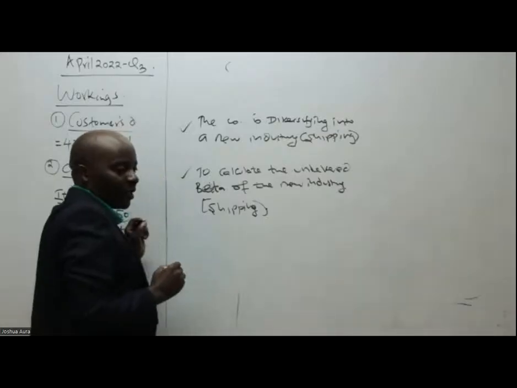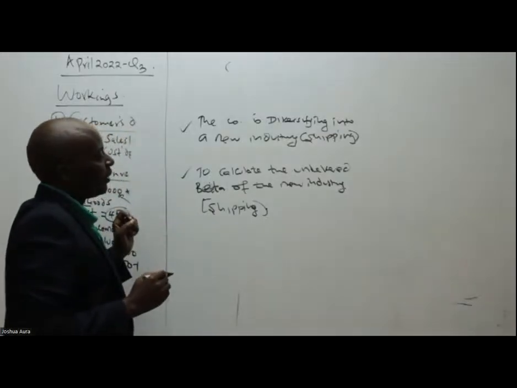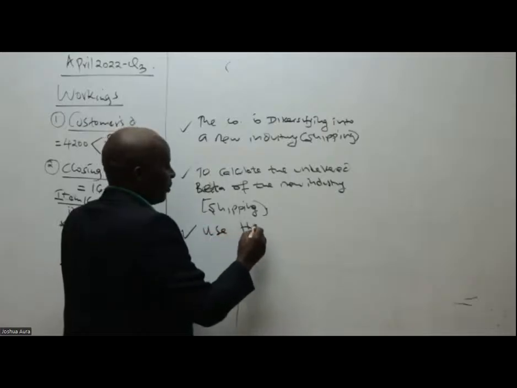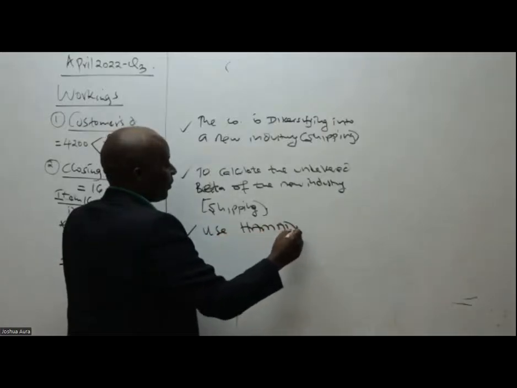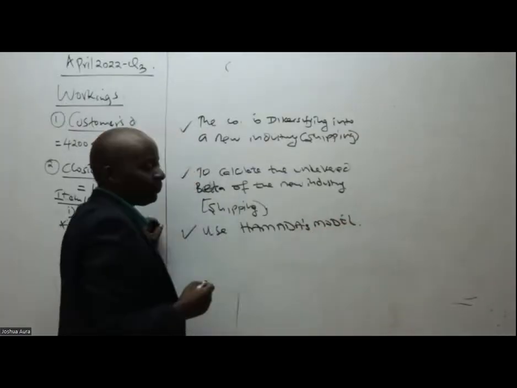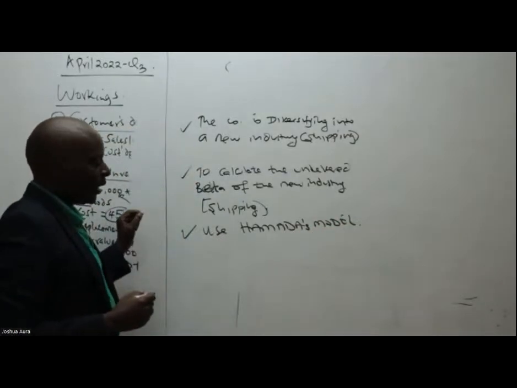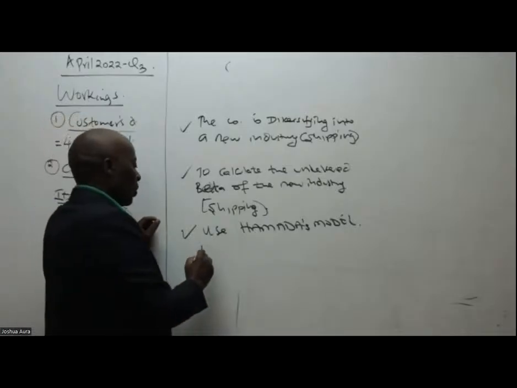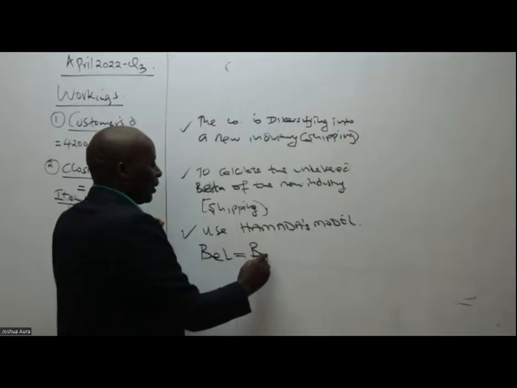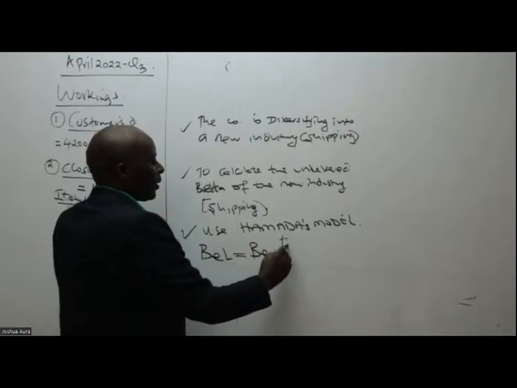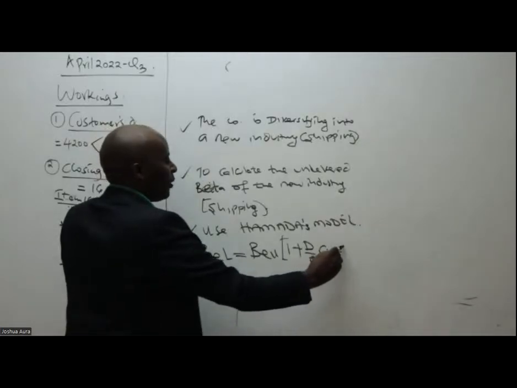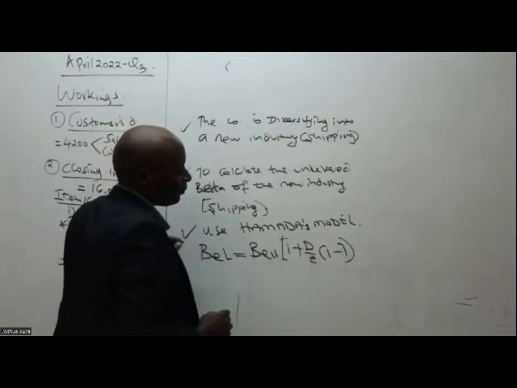Great. Which model do we use? Use Hamada's model. If you remember Hamada's model, we have beta equity of a levered firm equals beta equity of an unlevered firm times 1 plus debt over equity times 1 minus tax.